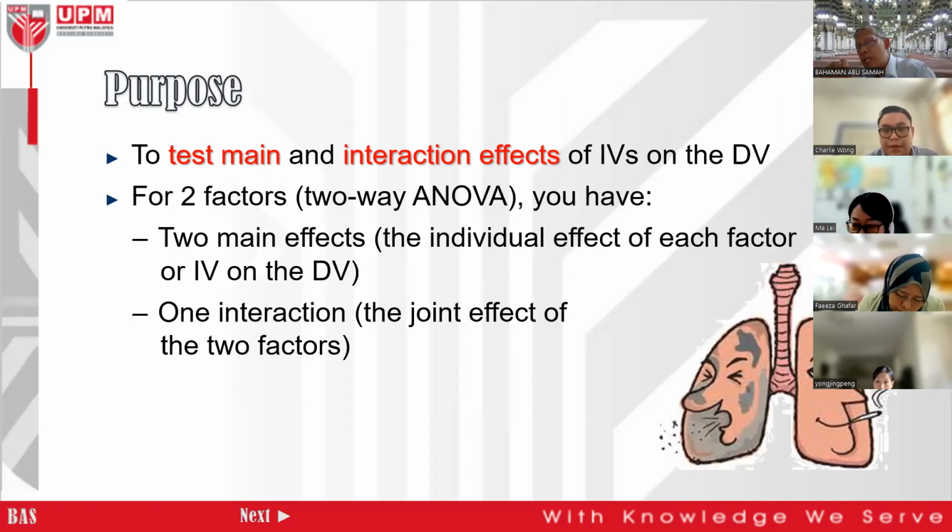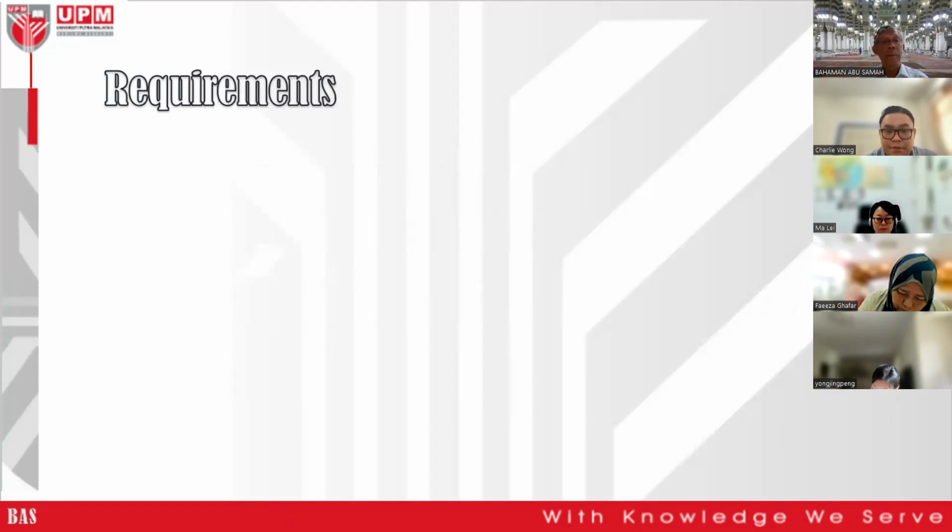But if you have more than two, then you can have several interaction effects: X1 on X2, X1 on X3, X2 on X3, X1, X2, and X3. I mean, a combination of the interaction effects between the IVs or between the factors. That will be basically what we are looking for when we go for factorial ANOVA.